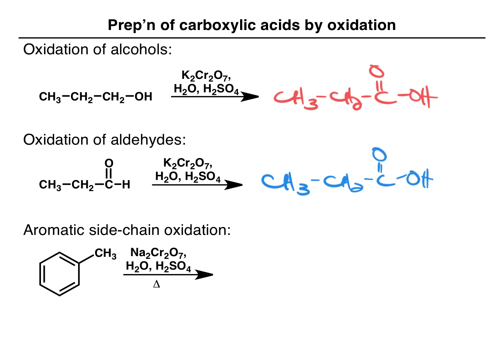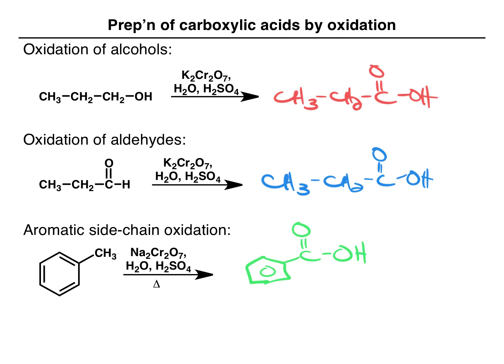And a third type of oxidation is the oxidation of an aromatic side chain. So for example, if we take toluene and we treat it with sodium or potassium dichromate and sulfuric acid, then this will be converted to benzoic acid.